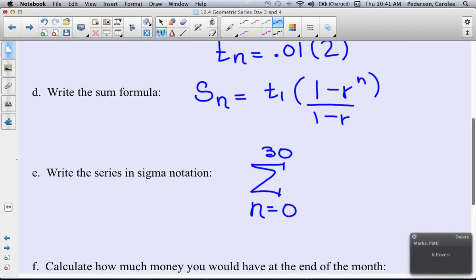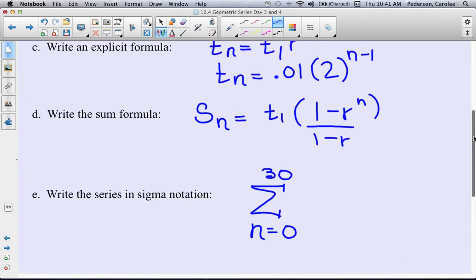And that will be our explicit formula off to the right here. So it'll be 0.01, 2 raised to the n minus 1.